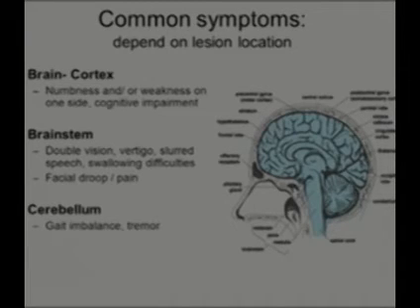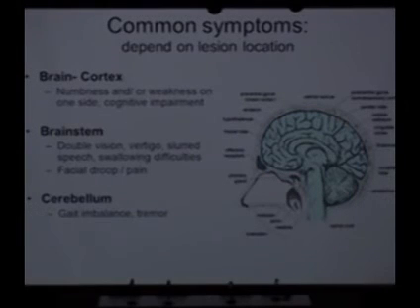So here is a cartoon of the brain, and this part is the cortex. When there are lesions in these areas, you could have numbness and weakness on one side of the body. You could have difficulty with some thought processes. Lower down is what is called the brainstem, and this controls swallowing, eye movements, balance to an extent.